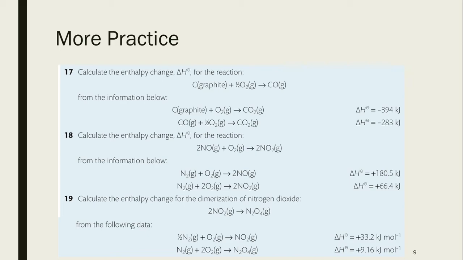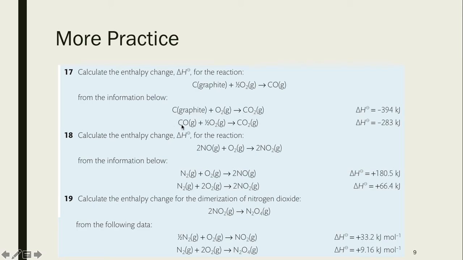Okay, let's look at 17. We'll go through a couple of these quickly. In 17, we want to get carbon added to oxygen to get carbon monoxide. The first thing I see is carbon, which is graphite in its standard state, is given as a reactant, so we shouldn't have to manipulate this equation.